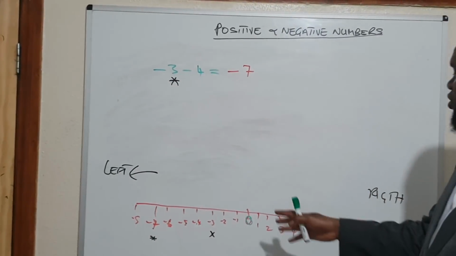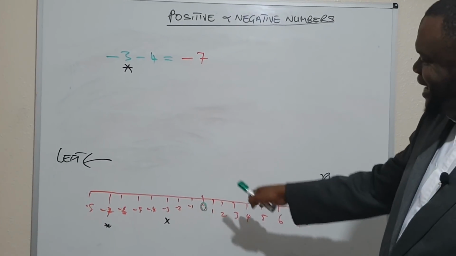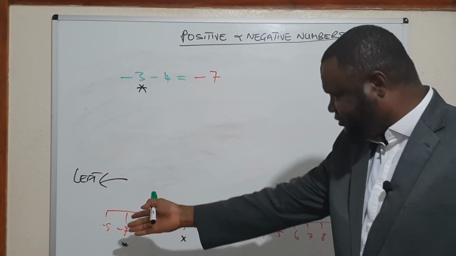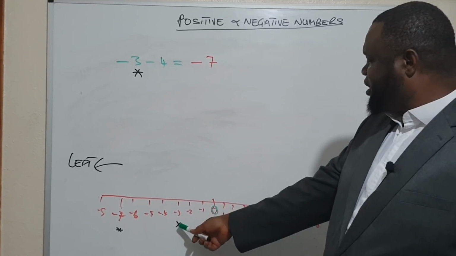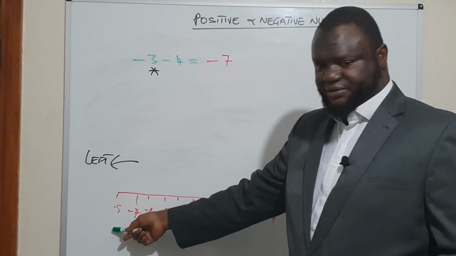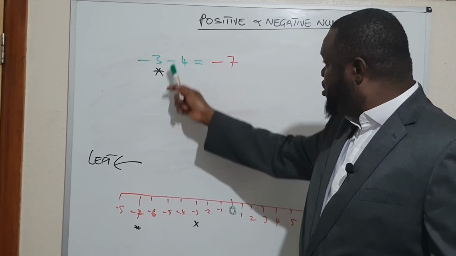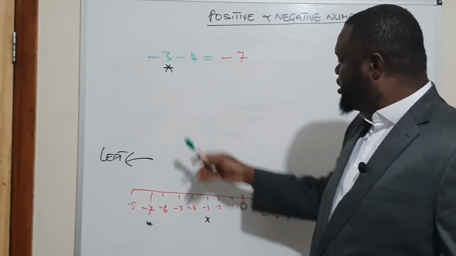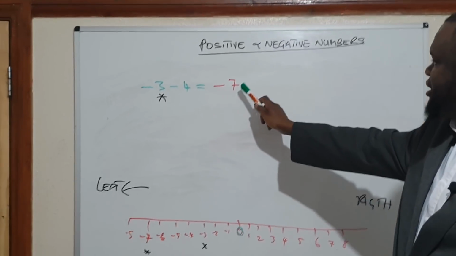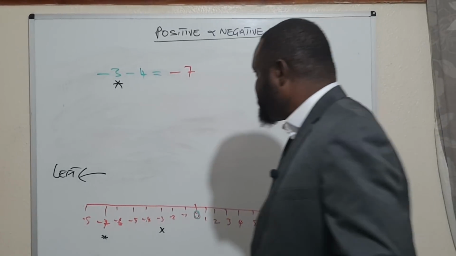If you are adding, you move towards the right. If you are subtracting, you move towards the left. So minus 3 is here. Since we are subtracting, we move to the left. Minus 4 means we're going backward again. So we move 4 backward, our answer will be minus 7.